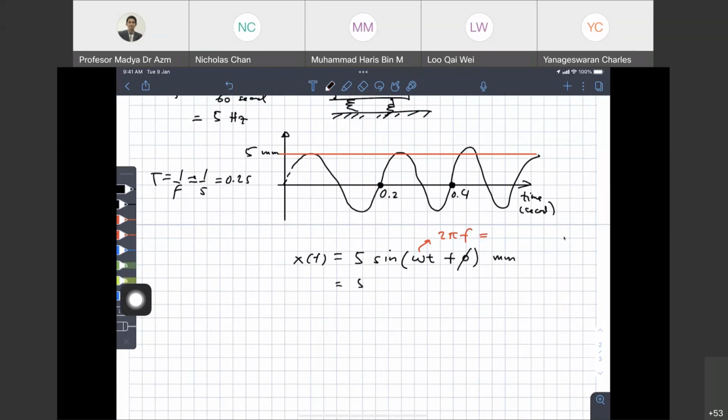So this one is 5 sine 10 pi t plus the phase. We don't know the absolute phase of the machine. So this is the amplitude in millimeter, which is what we call displacement.